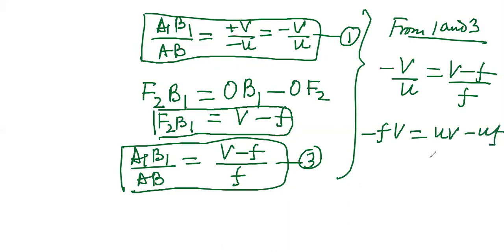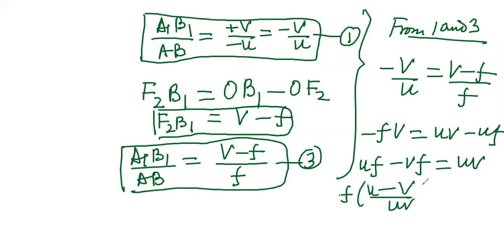Move this to the left hand side, so I'll be getting UF minus VF is equal to UV. Take F common, so we get U minus V by UV is equal to 1, or U by UV minus V by UV is equal to 1 upon F.